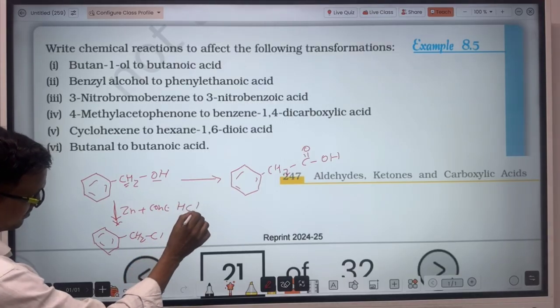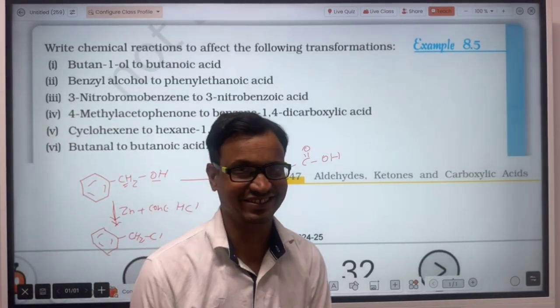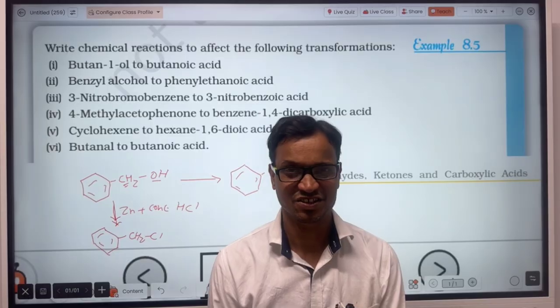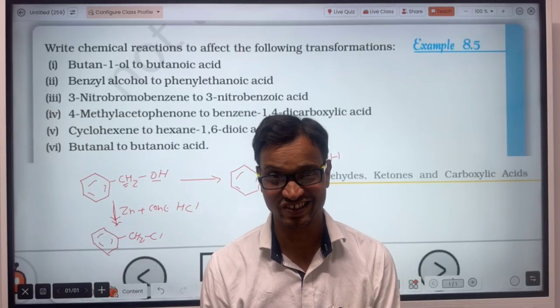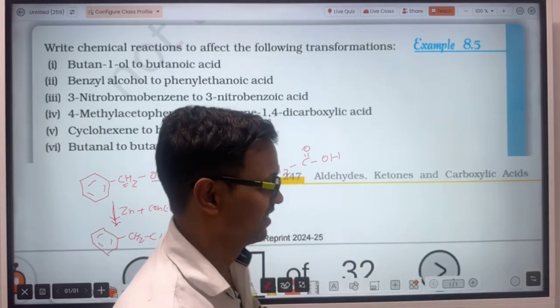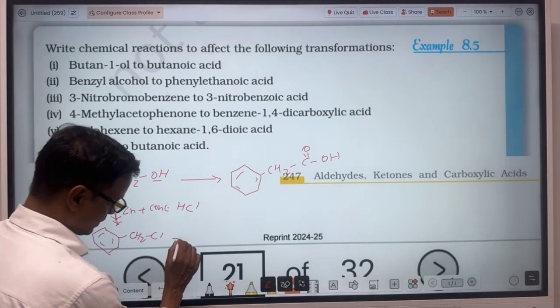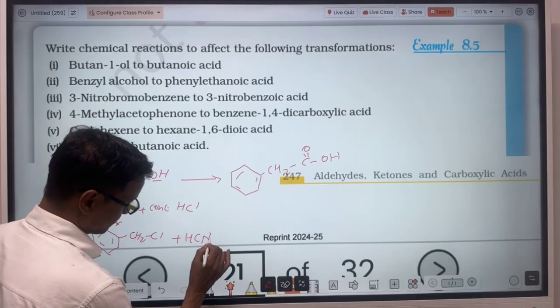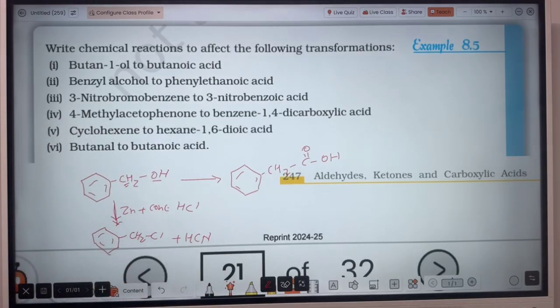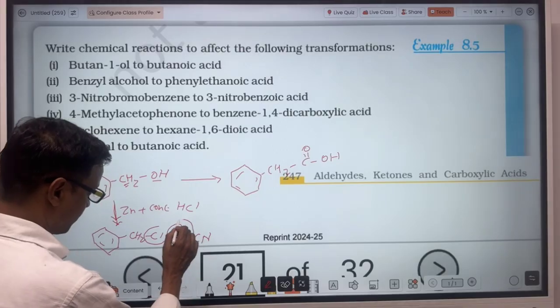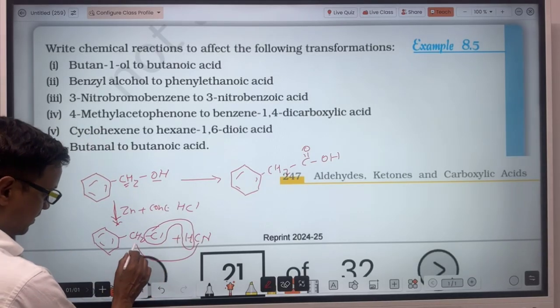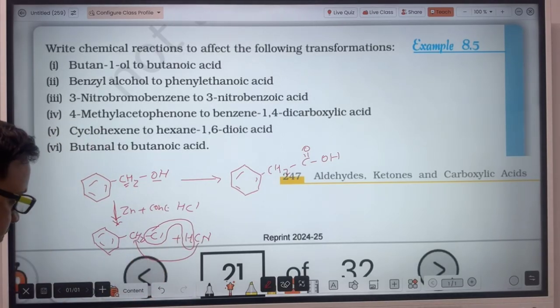HCl. Recall what is Lucas reagent. I am not telling right now what the Lucas reagent is. This is the form, and then react with HCN. Chlorine will combine with hydrogen, forming HCl, and CN minus will get bonded here.